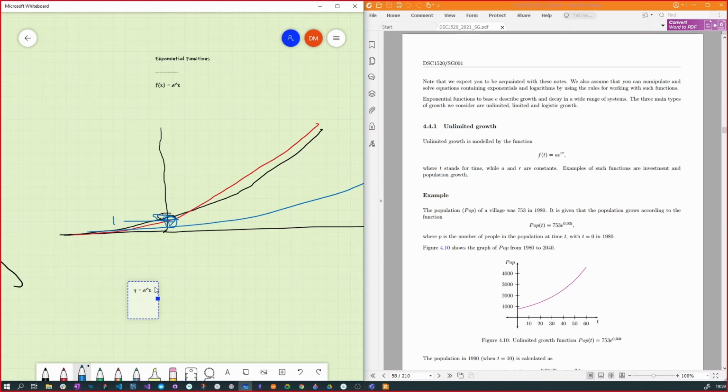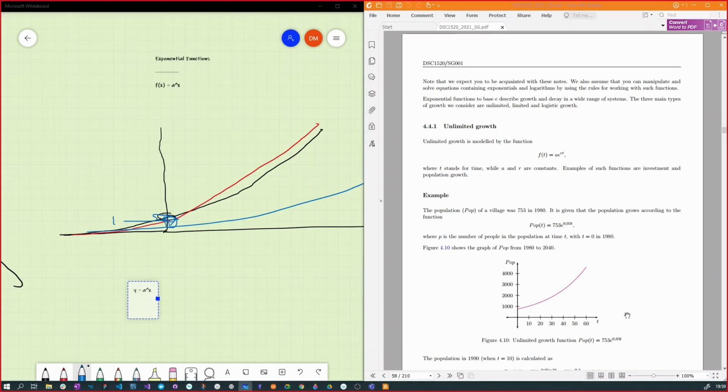So if a is 1, what is y? Can anyone tell me? If a is 1, then 1 is okay. So then x.